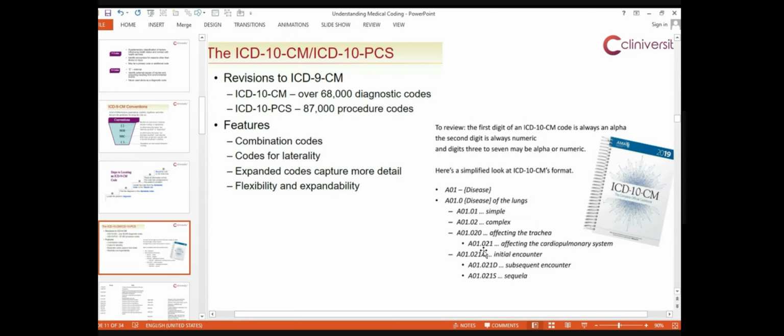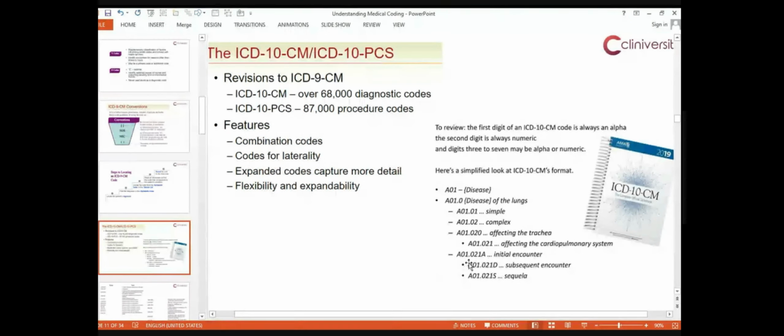Another related to the trachea only: whatever complication is mentioned in the report, you will look for that also. So under this, A01.021 is affecting the cardiopulmonary system. Like that, you will keep on digging for more and more specific codes as per the diagnosis given in the medical report. That is how it goes on.